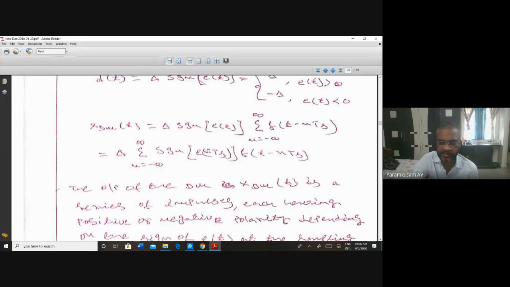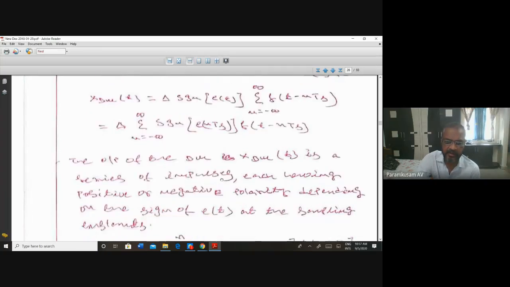This is del into sgn of e of t into del ts of t, that is a periodic impulse train, which can be expressed as sigma n equals minus infinity to plus infinity del of t minus nts. Finally, you note down that del into the sgn can be placed inside the sigma, sgn of e of nts. In place of t, nts will come because n is equal to minus infinity to plus infinity.